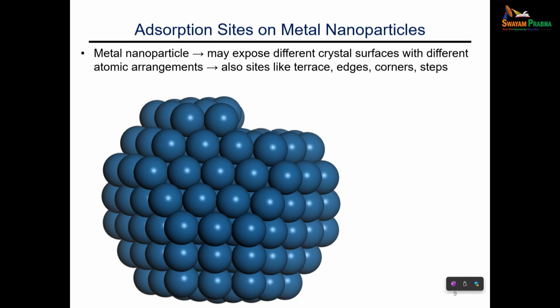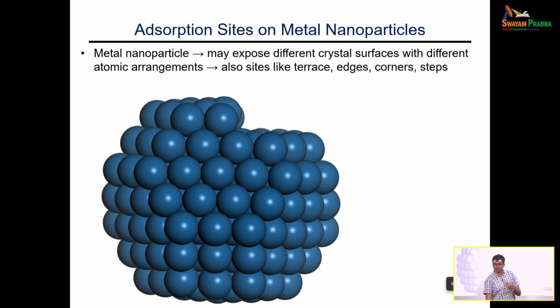Now, when you have actual nanoparticles, things can get a little bit more complex. Everything that we saw is already possible, but you also have a few more types of sites. If you have a nanoparticle of this kind, it may not be very obvious, but I hope you will be able to see. If I have a plane like this and another plane, the points that are in between those two planes are called edge atoms.